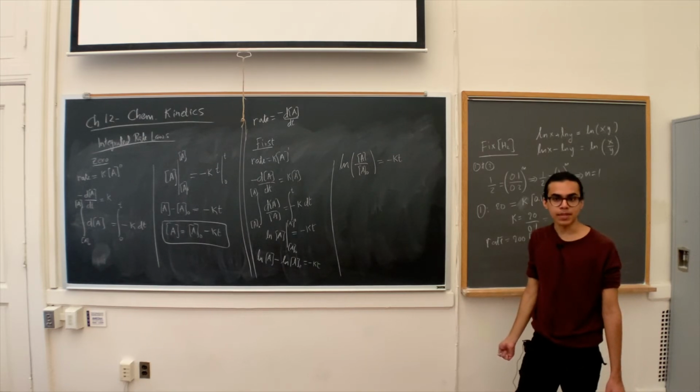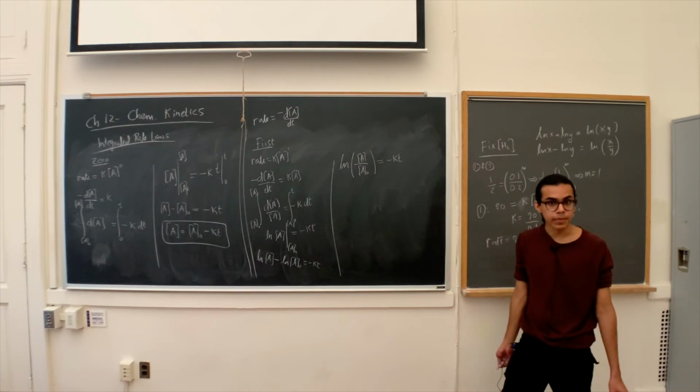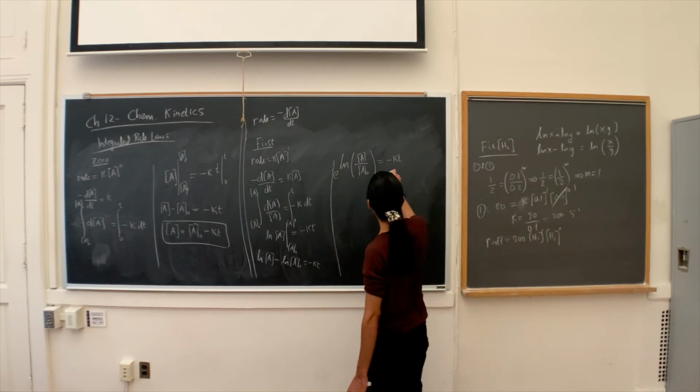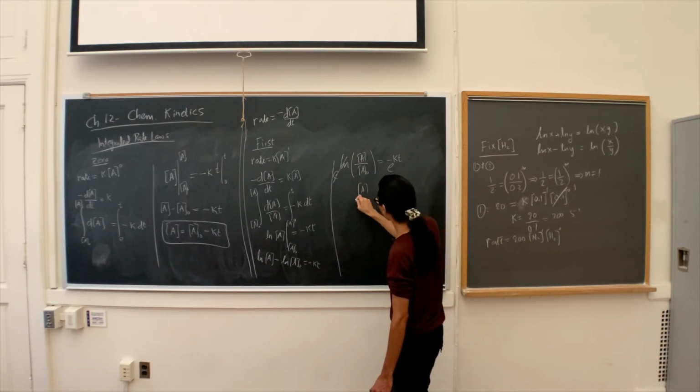My a is trapped inside an ln. How do I free it? What's the opposite function to ln? E. So you e both sides. So a over a naught equals e to the minus kt.